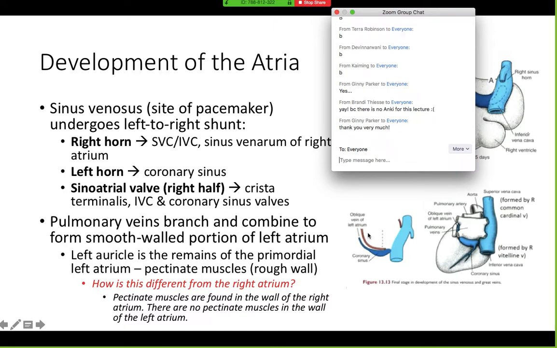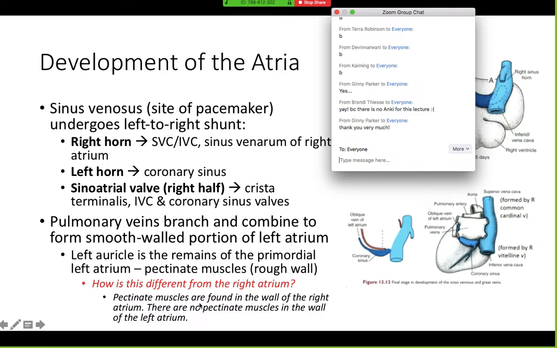The left auricle has pectinate muscles, but the left atrium does not. So the left atrium is smooth-walled compared to the right atrium, where you find pectinate muscles.